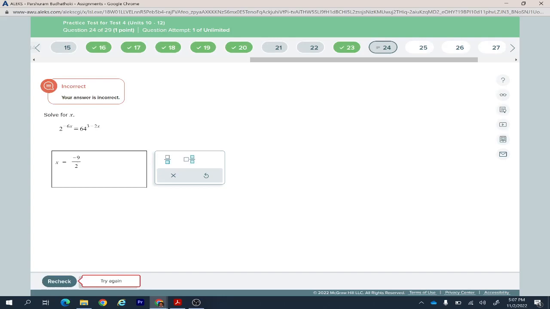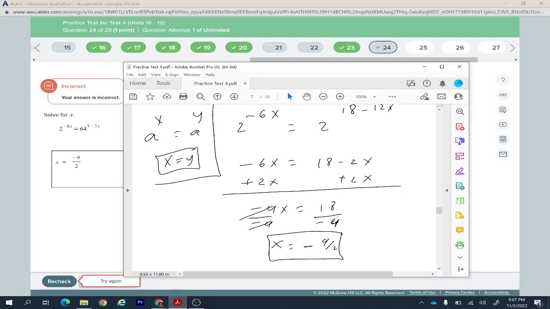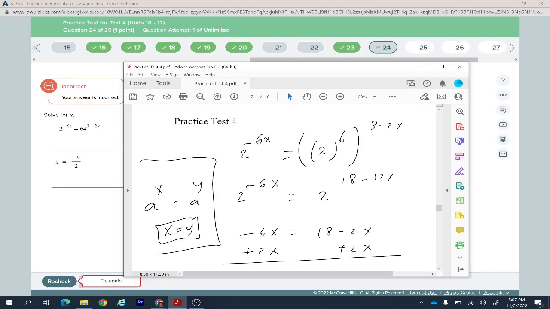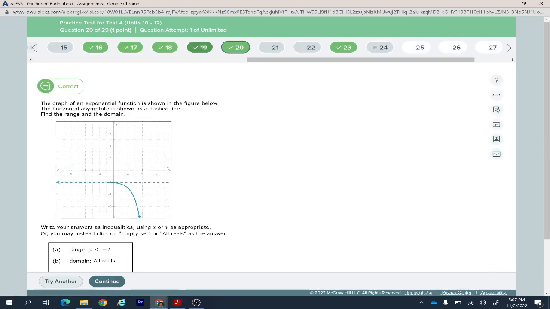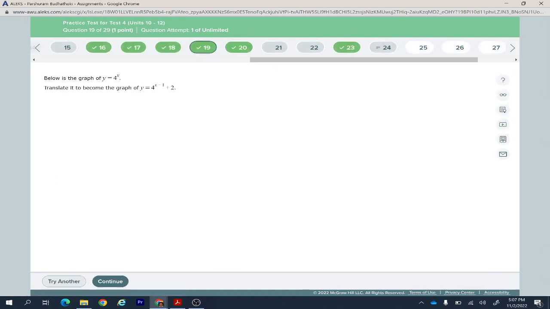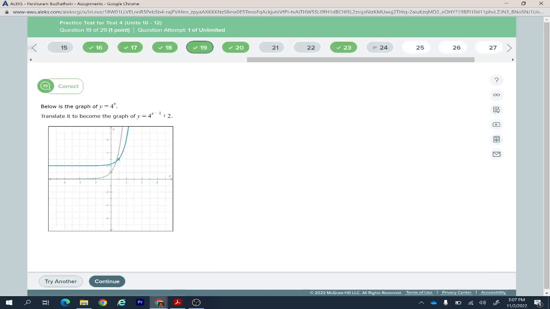What did I do wrong here? Let me double check my work. 2 to the power negative 6x, 2 to the power 6. Okay, let's go back here and use the calculator. Where was the calculator here? No, number 23.